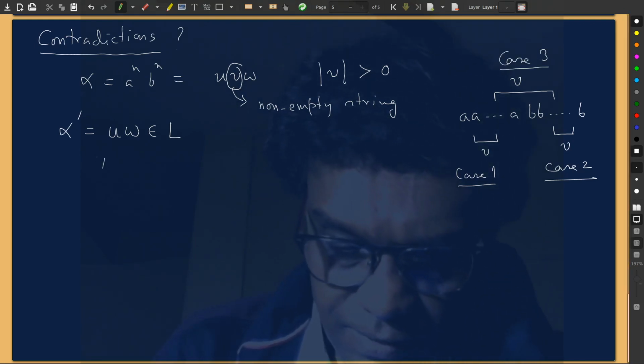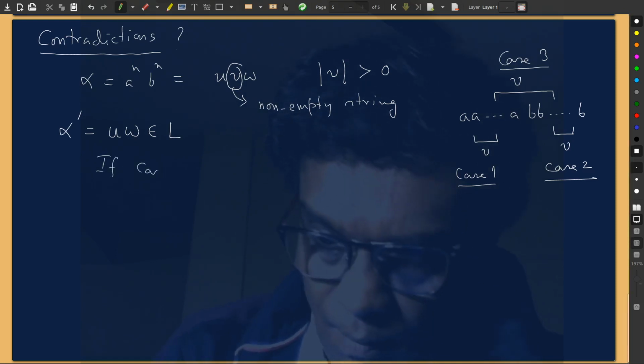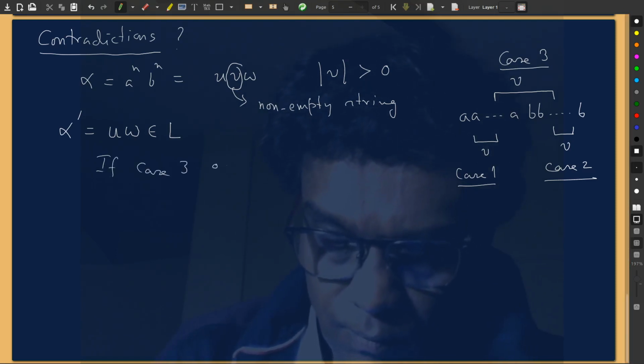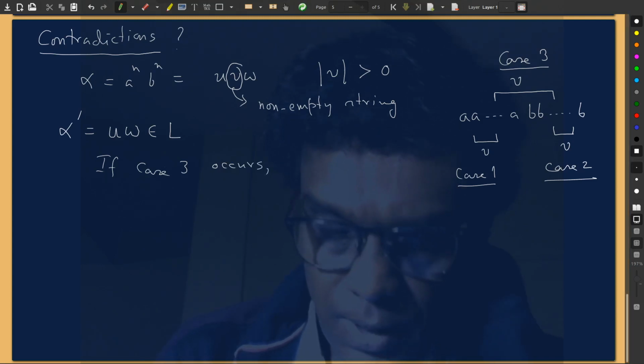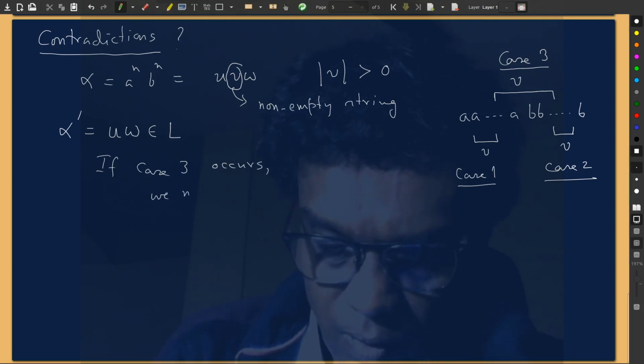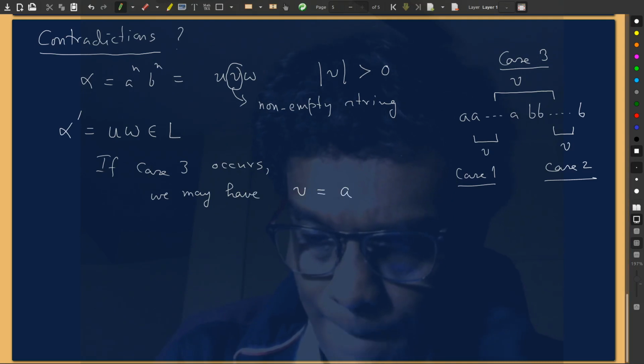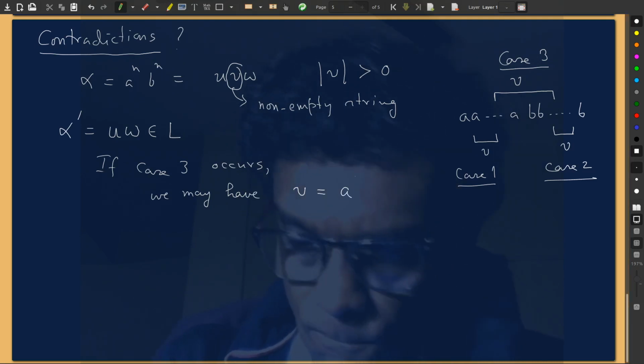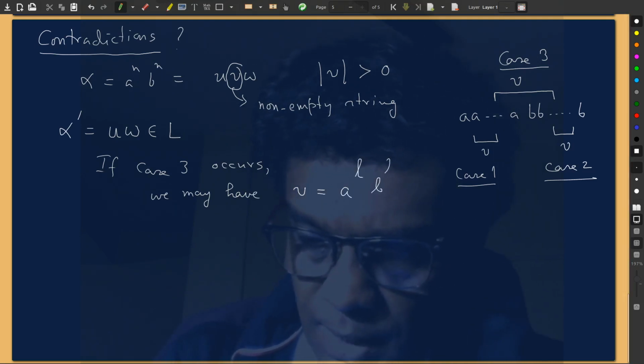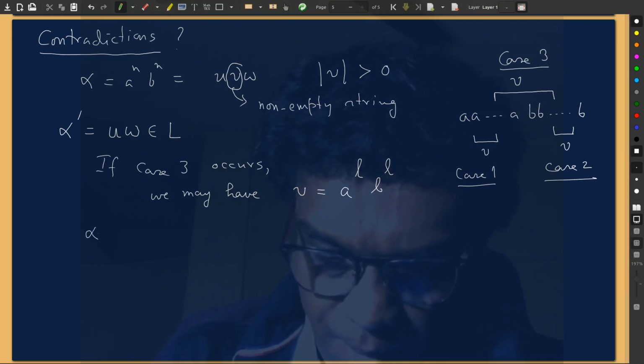So if case 3 occurs, we may have V of the form some A power L, B power L. But then what is alpha prime, which is UW?